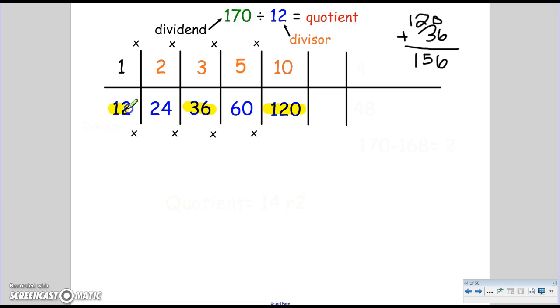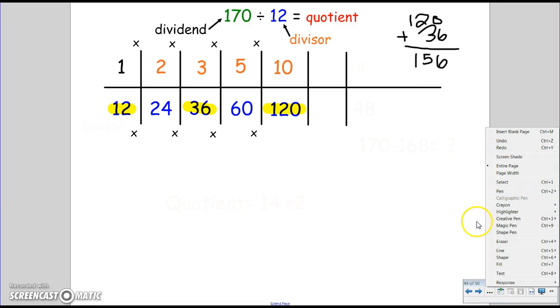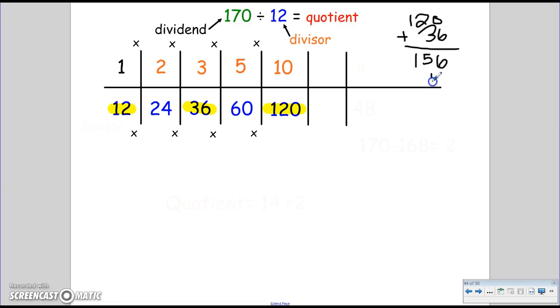What happens if I highlight the number 12? 156 plus 12 gives us a sum of 168. Can I add another 12 onto 168 without going over?